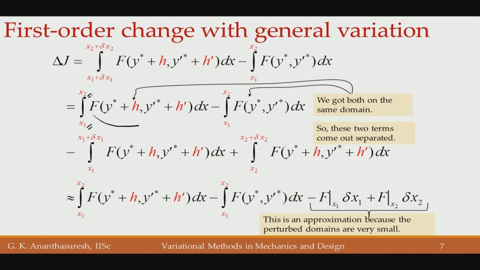Okay. If we look at this over there and this over here, both have the same domain, but we know that originally this one, that is the integrand that depends on the function and the perturbation, went from x1 plus delta x1 to x2 plus delta x2, that is from here to here.